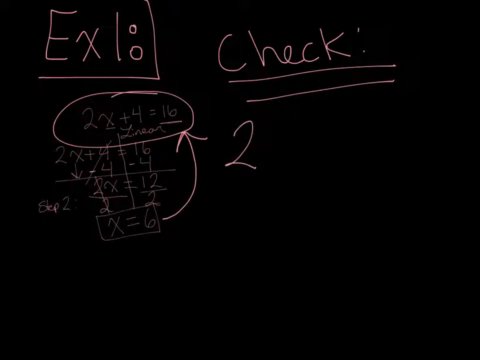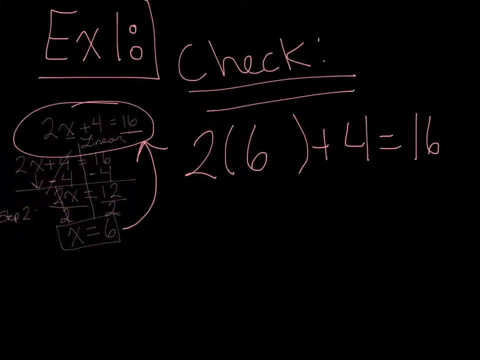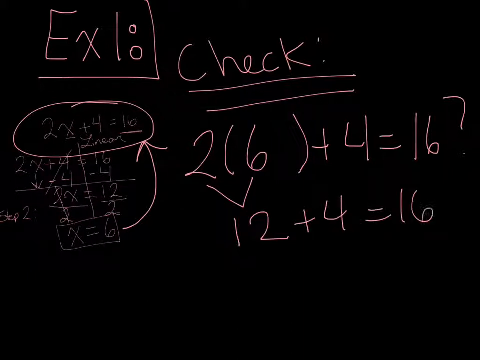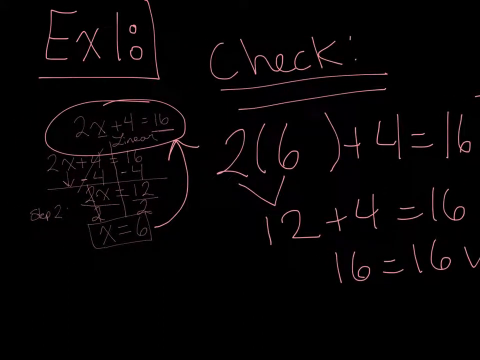So my checking step's going to look something like this: 2 times 6 plus 4. This is like a question: does 2 times 6 plus 4 equal 16? So this gives me 12 plus 4, and that is true. Remember, an equation is equal because it's the same thing on both sides. If it's not, then we've done something wrong and you have to go back and check your work.